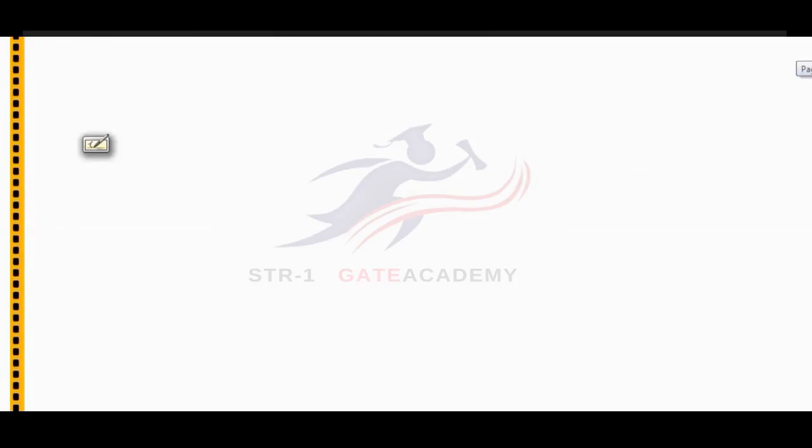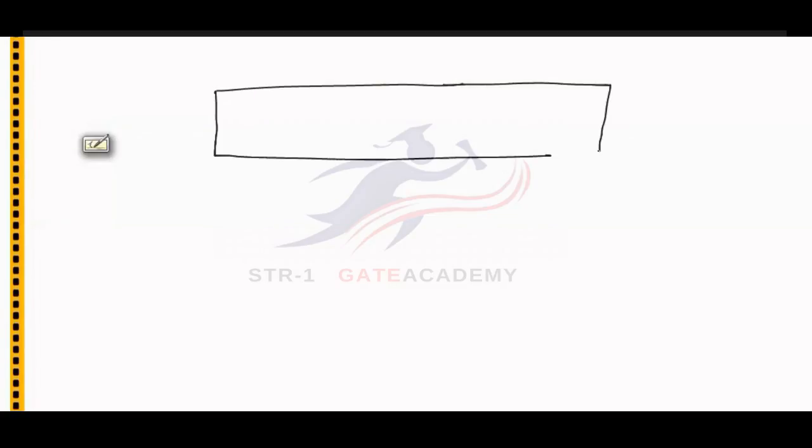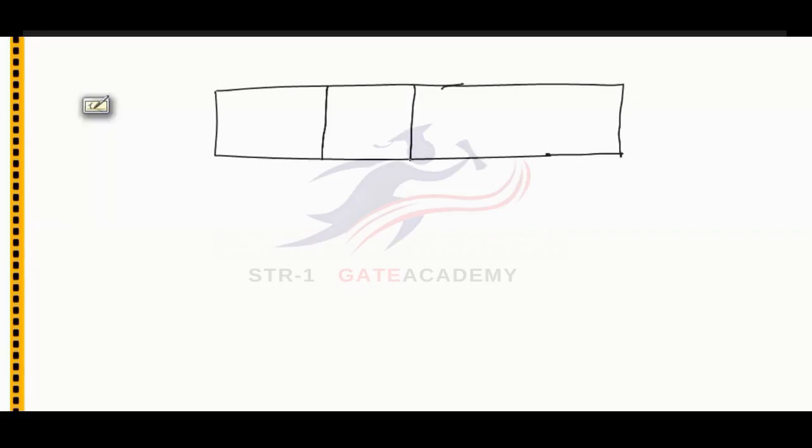Now we will see the construction of the bipolar junction transistor BJT. A BJT basically consists of three different layers of semiconductors. One is called the emitter, then the base, and last the collector.